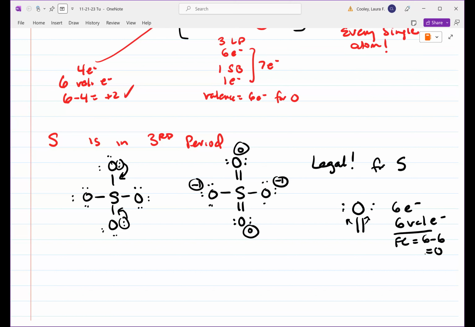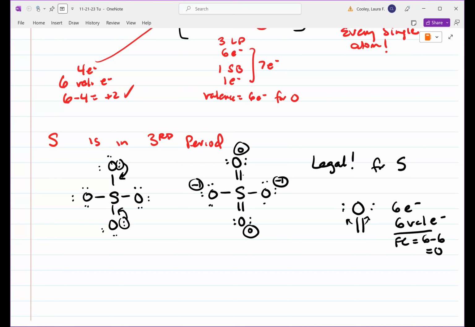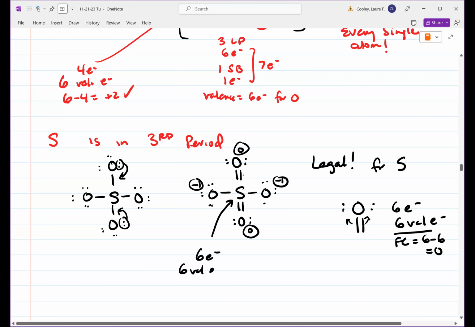And what about the sulfur? When you count up half of each of these bonds, you get 1 for each line. 1, 2, 3, 4, 5, 6, right? So you have on the sulfur 6 electrons and 6 valence electrons. So the formal charge is 0.